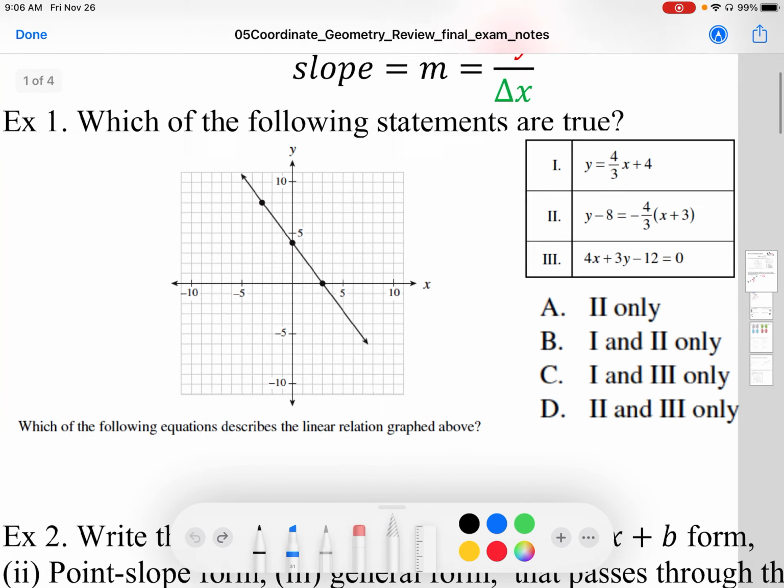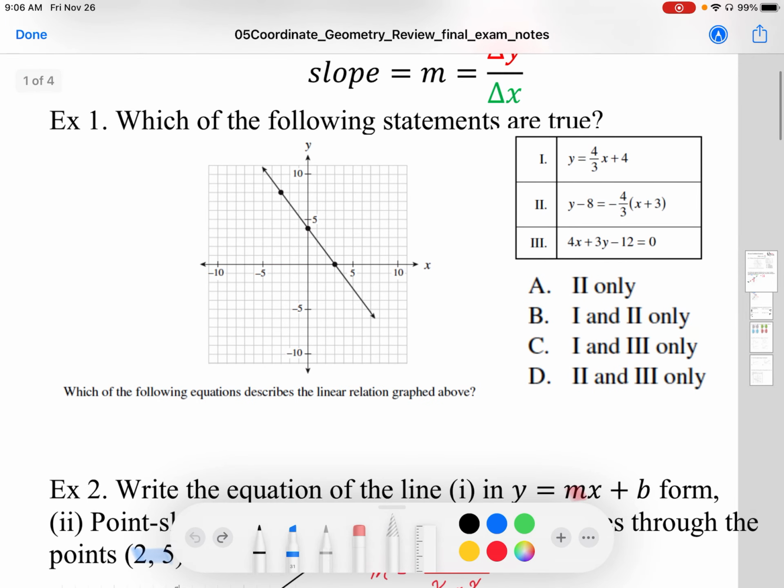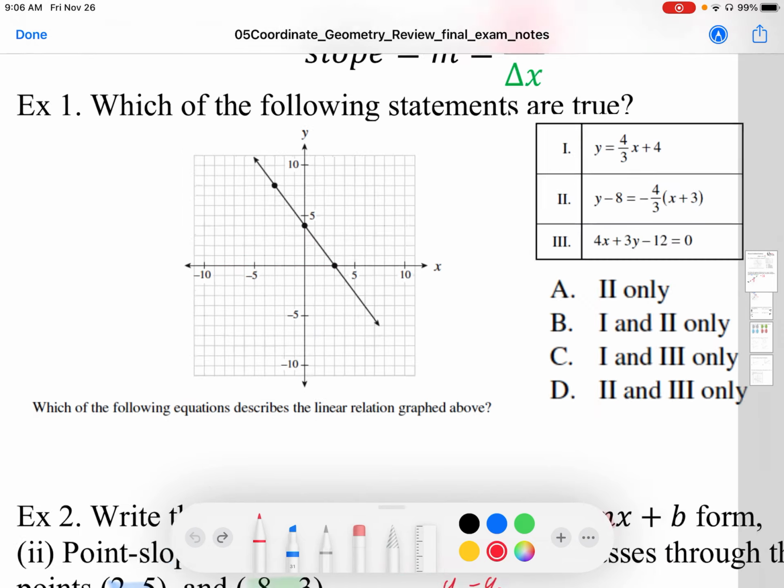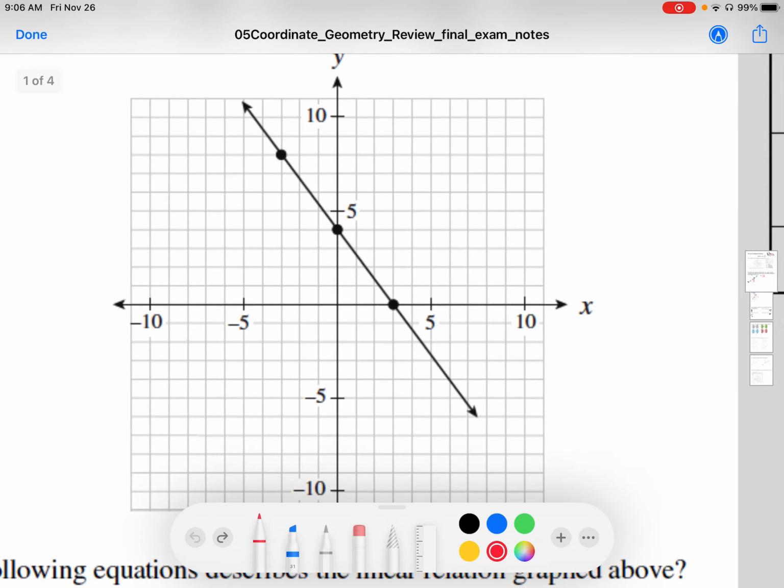So taking a look at example 1, it says, which of the following statements are true? We've been given a line, and we should really take a look at the slope of this line. I can calculate slope between any 2 points on this line, so I'm just going to arbitrarily choose these 2 points. I can see that the change in y going from left to right is down 4, so it's minus 4.